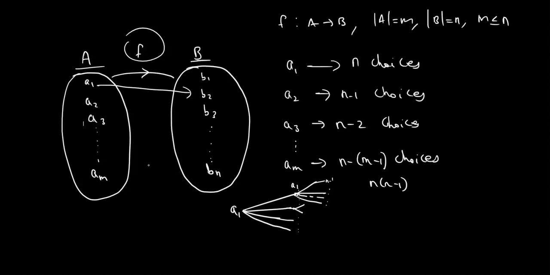And from the end of the A2 branches, the branches of A3 start. For every n into n minus 1 branch, there will be n minus 2 branches, so n into n minus 1 into n minus 2. So what is the total number of 1-1 functions?